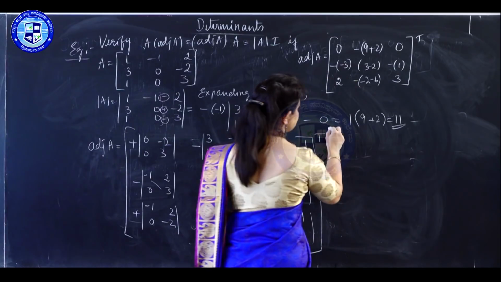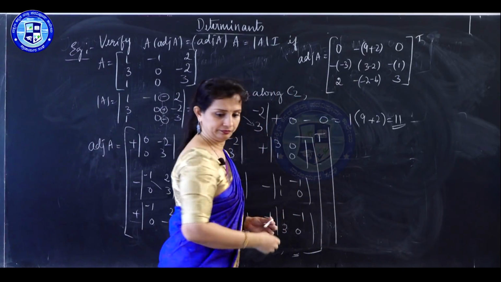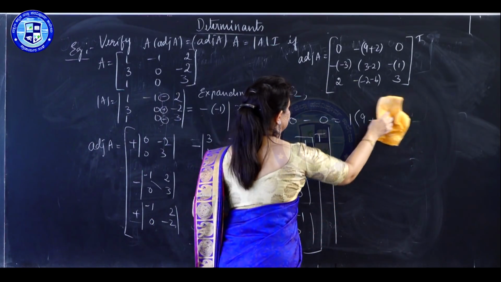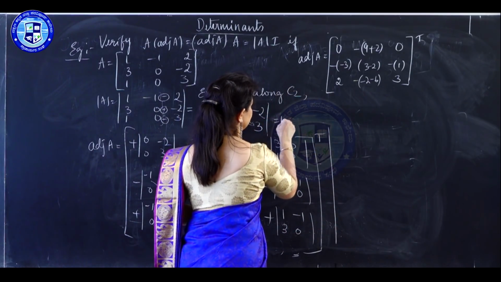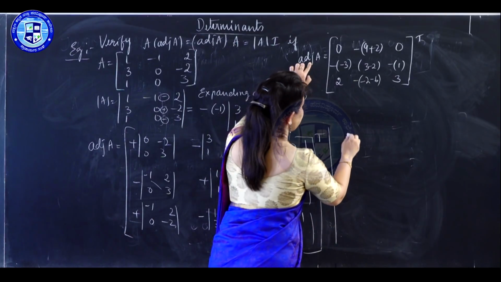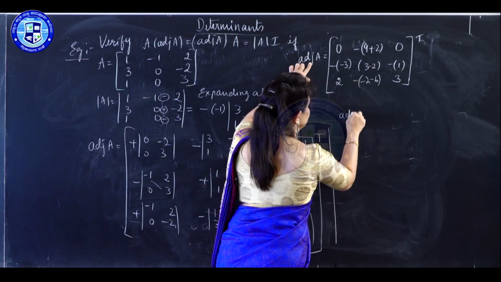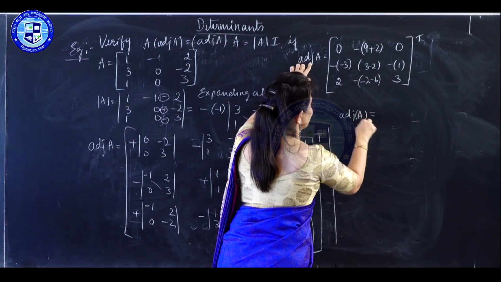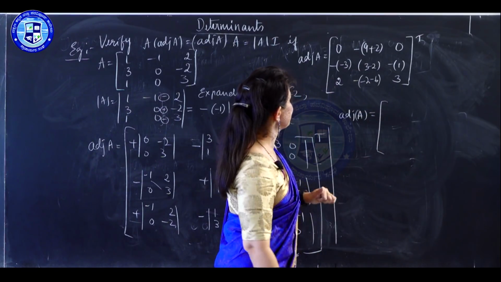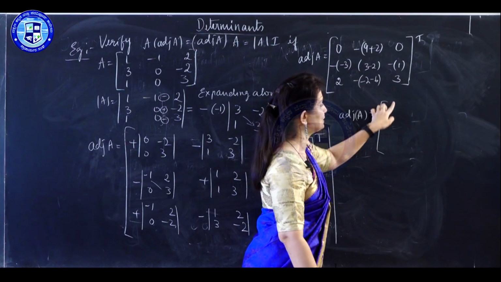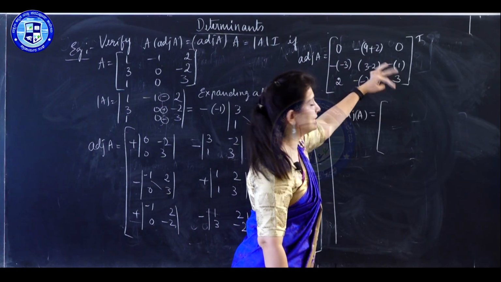So, it is written as adjoint A is equal to transpose of cofactor matrix. So, we write the first row as first column. They interchange the rows and columns.